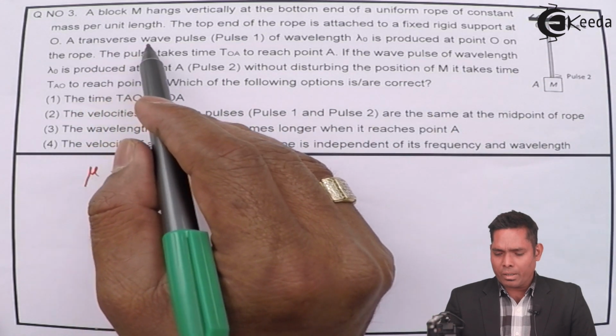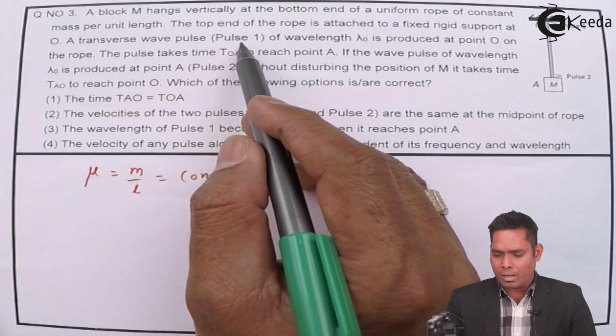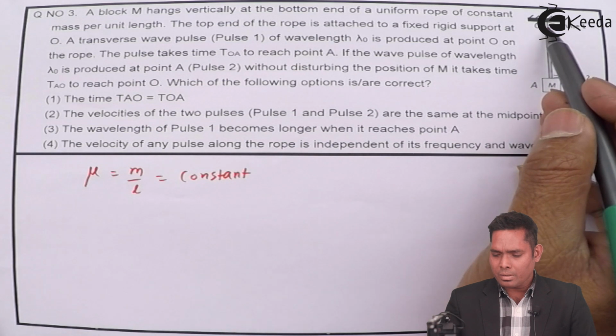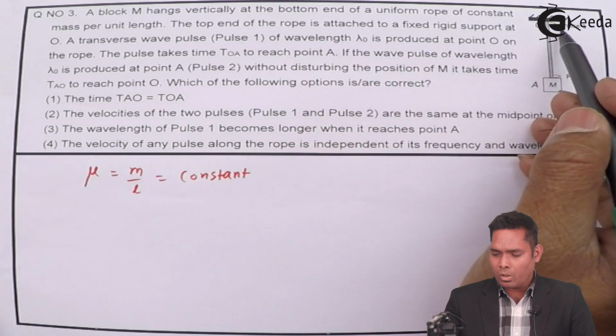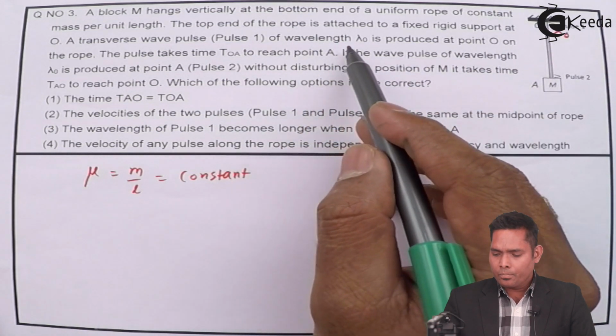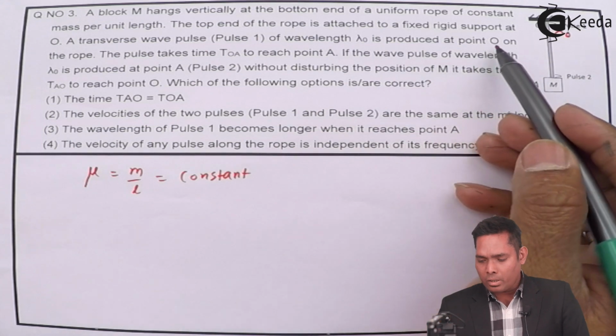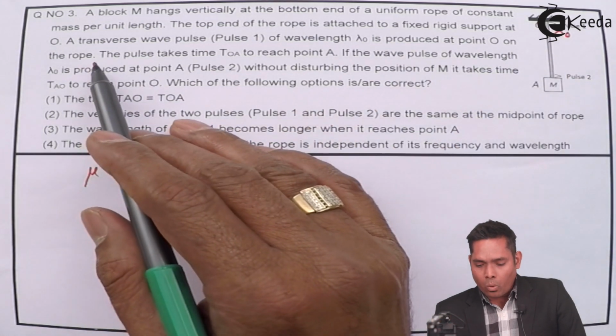A transverse wave pulse 1 of wavelength lambda naught is produced at point O on the rope.